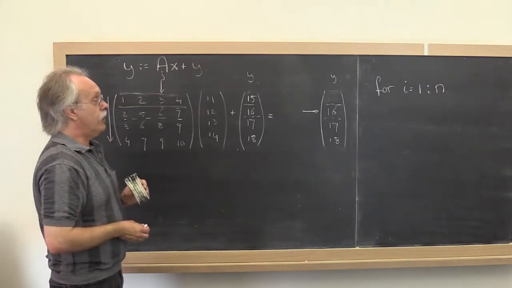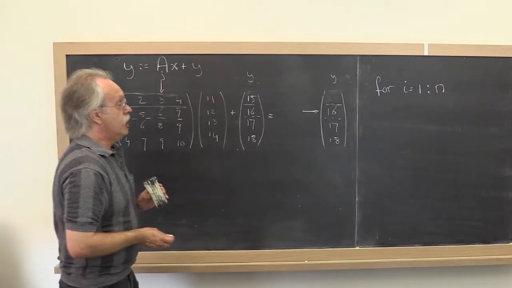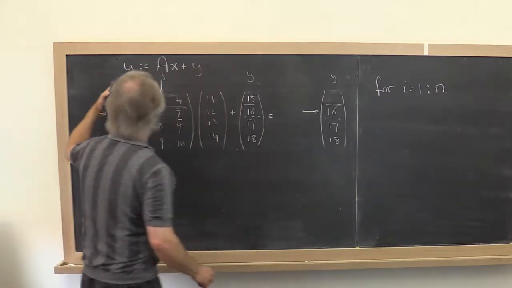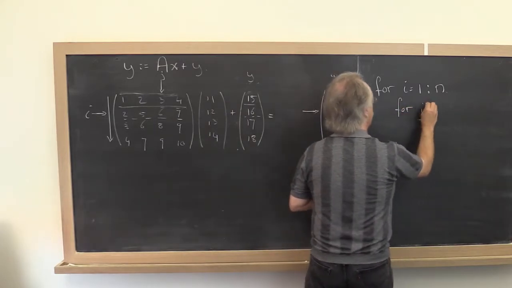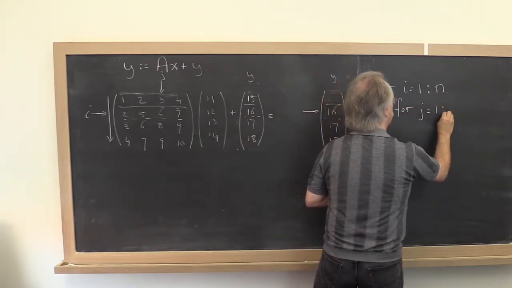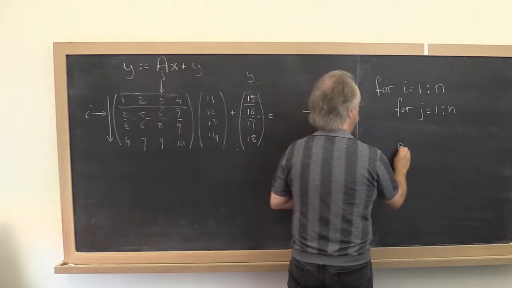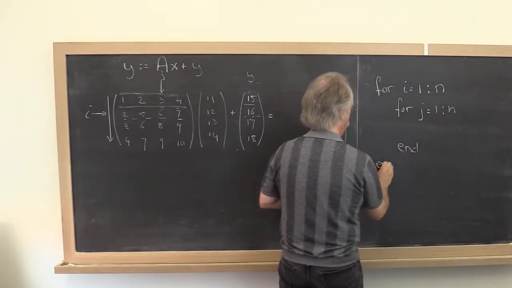Okay, so we say for i equals 1 to n, and then you would need to do the dot product, so that would give us a loop for j is equal to 1 to n, and then you would have an end, and you would have an end.